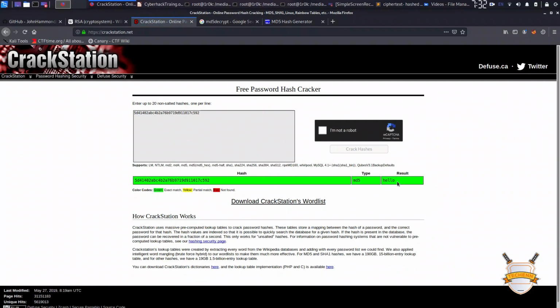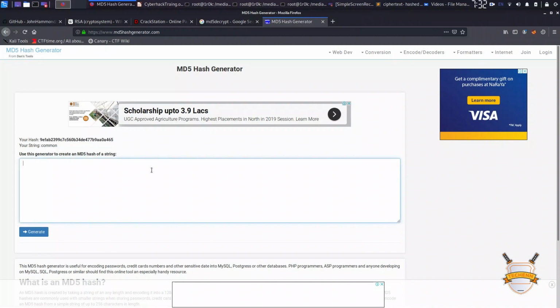And here it says this is a hash, it is MD5 type, and the correct plain text is hello. Now let's try something different, some difficult word which may not be present. S4V3#123.